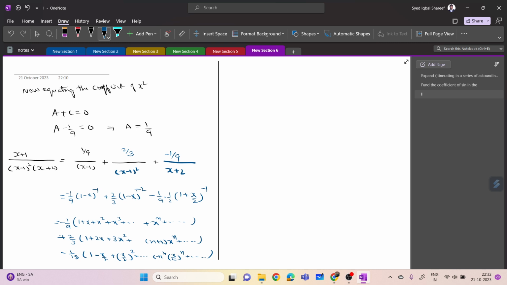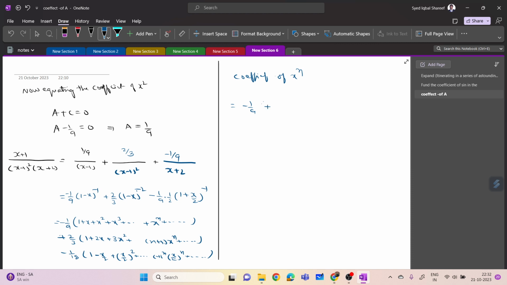So now we want the coefficient of x to the power of n. So this is 1 by 9, what is the coefficient? This is 1, x to the power of n is 1.